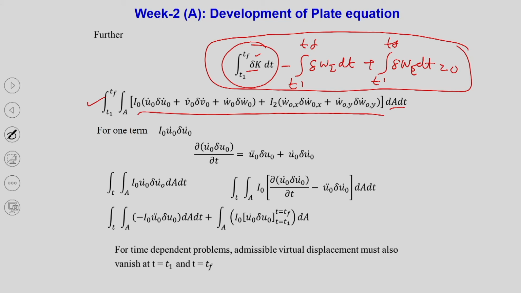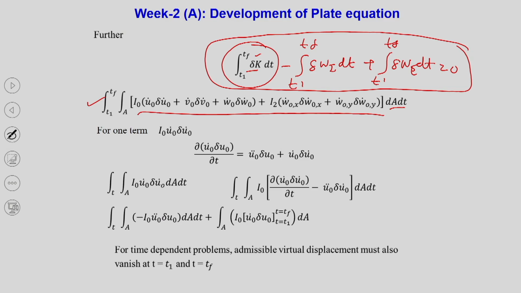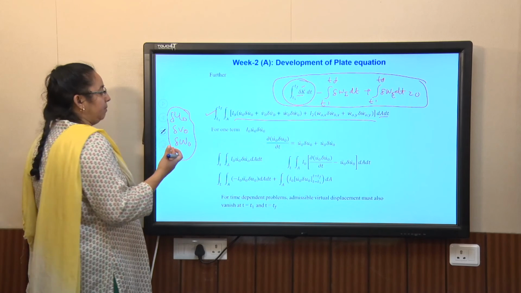The concept for further evaluation is this, because we know our primary variables are variations del u naught, del v naught, del w naught. Other than this, if there is a derivative, time derivative or the space derivative, we have to get rid of that, because we have no information about that.